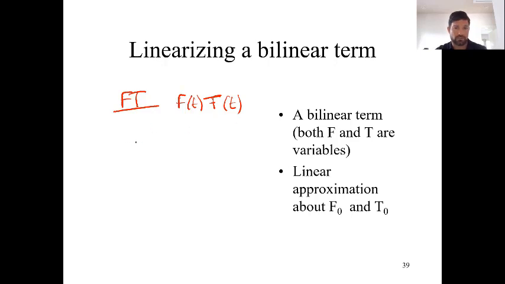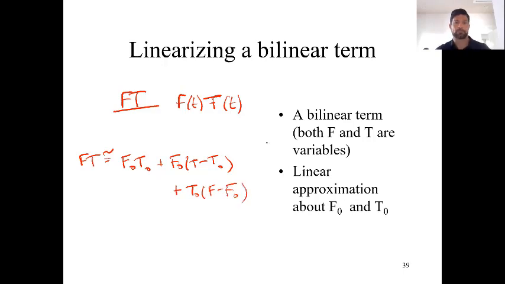The approximation for f times t, and you can prove this to yourself, is the function evaluated at the initial condition plus f naught times t minus t naught. So we have the linear term for the temperature plus t naught times f minus f naught. All right, so this is the approximation here.